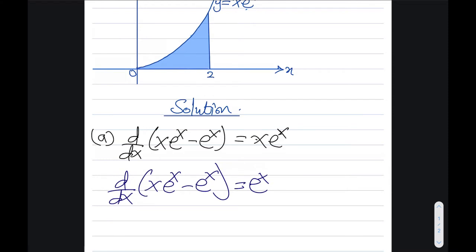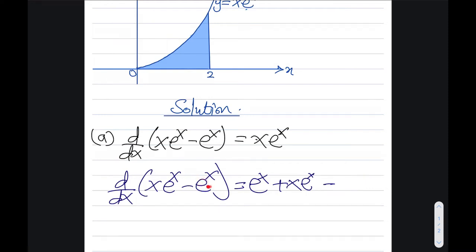Plus, we will now maintain x and differentiate e to the power x. And when you differentiate e to the power x, your answer is still e to the power x. Minus, then we differentiate e to the power x.